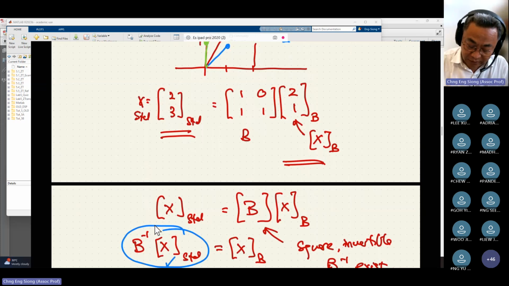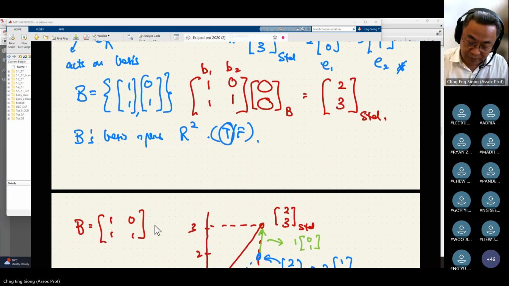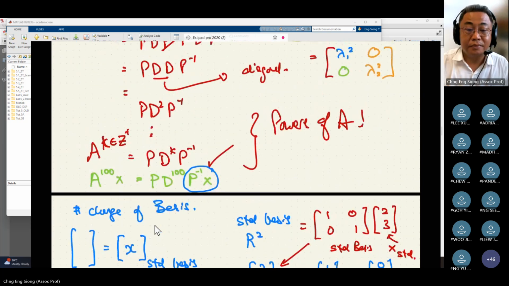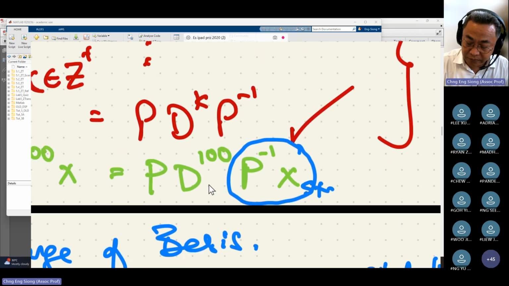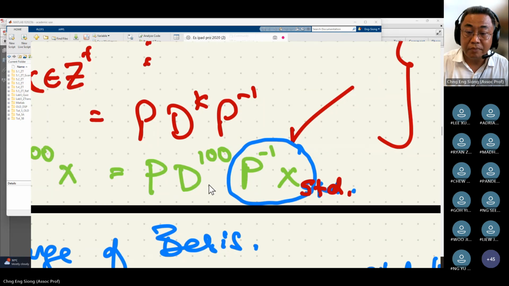Now, let's take this picture. X is in the standard basis, multiplying by B. X is in the standard basis, multiplying by B inverse.